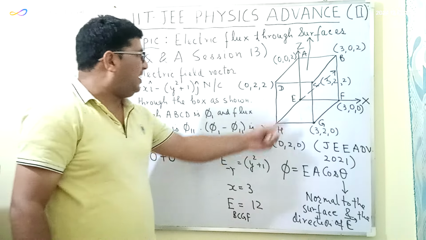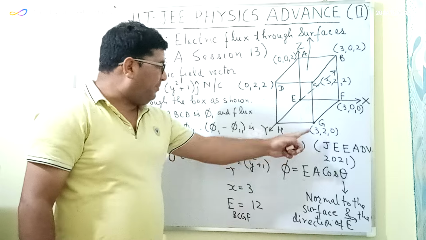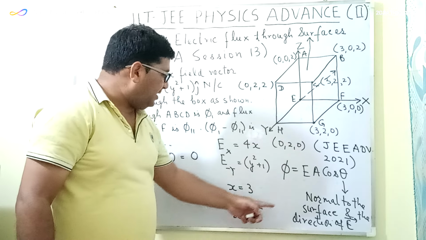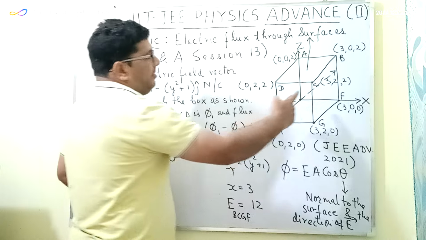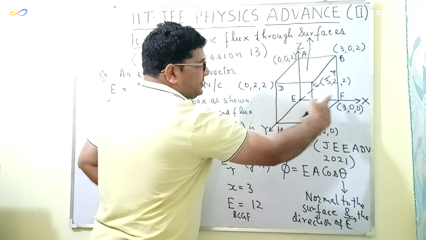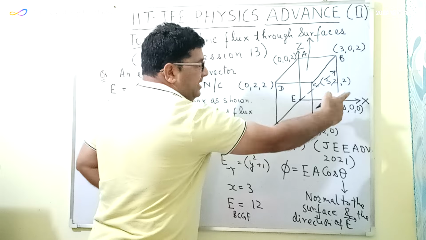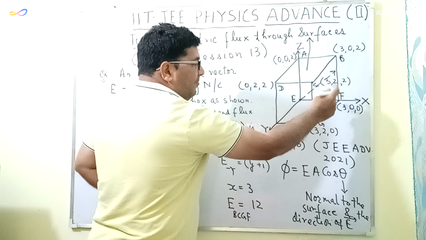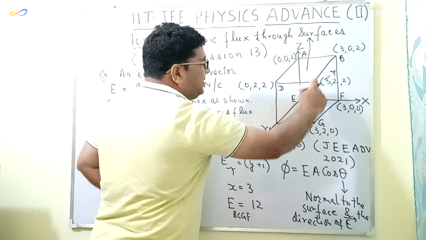Now the flux due to this electric field will be given by this formula, that is EA cos theta. Now here the direction of the electric field, which is along the x-axis, is parallel to the normal to the surface BCGF.